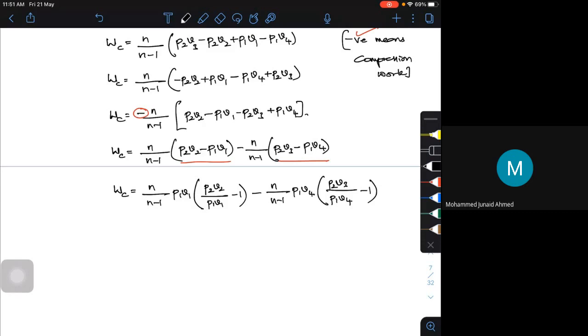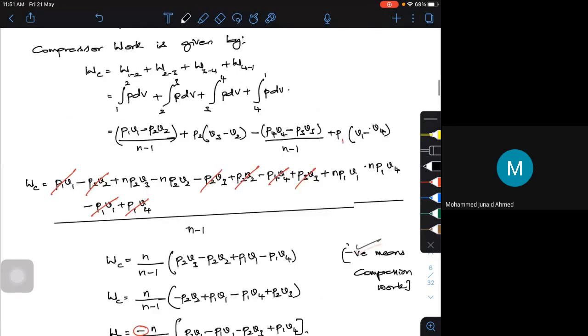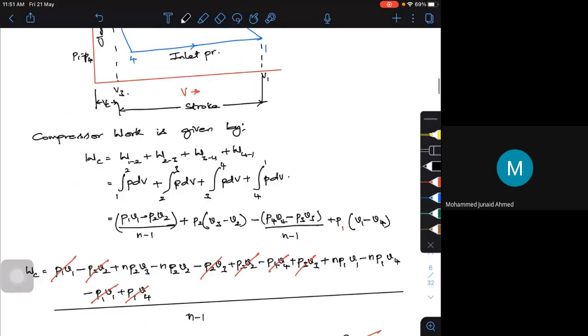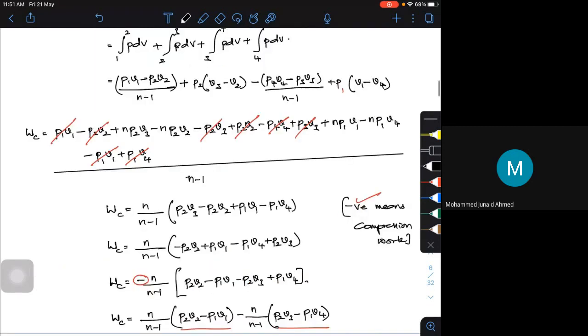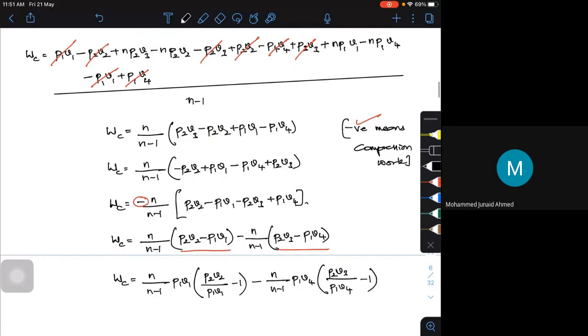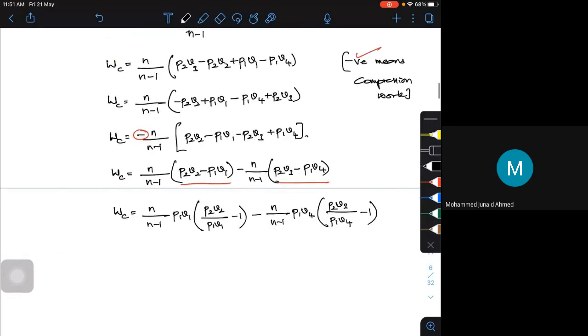Okay, this is a simplification, that's it. So let me call this expression number 1, so this I can call expression number 2. Okay, so I'm calling it expression number 2.